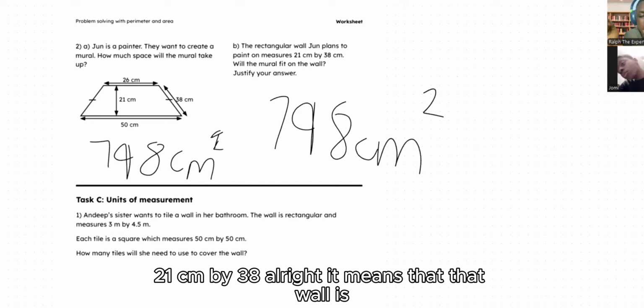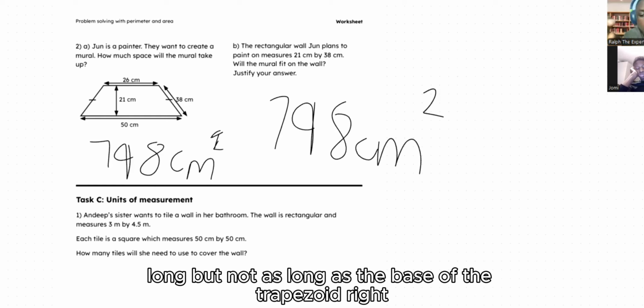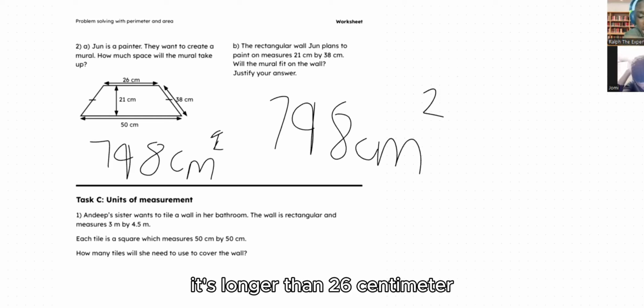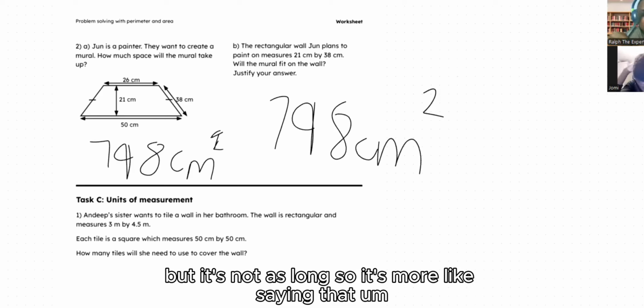It means that wall is long, but not as long as the base of the trapezium, right? It's longer than 26 centimeter, which makes it 38 centimeter, right? But it's not as long.